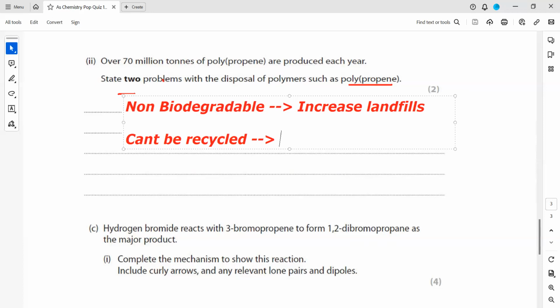We have to separate them from other polymers which can be recycled, so separation of the polymers is also needed. And then burning of these polymers, if we burn them, will release toxic gases.